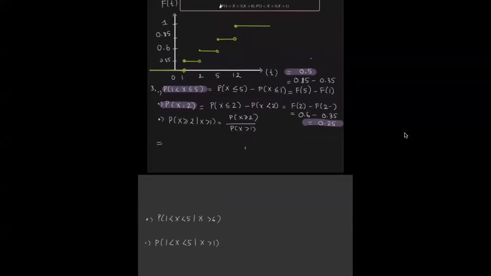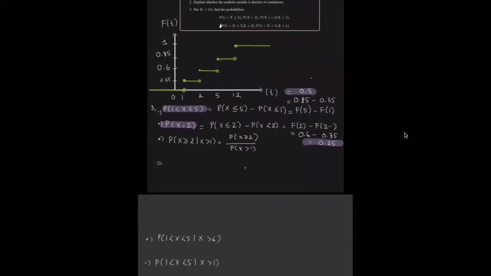And then the probability of x is at least 2 is 1 minus the probability of x less than 2. The probability of x is greater than 1 is 1 minus the probability of x less than or equal to 1. So the probability of x less than 2 is F of 2 minus, and the probability that x is at most 1 is F of 1.